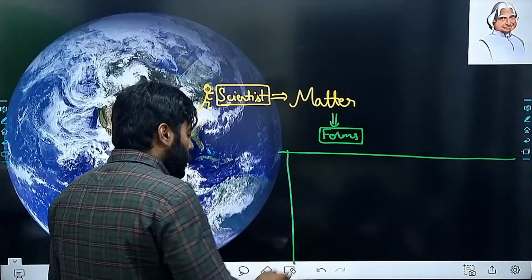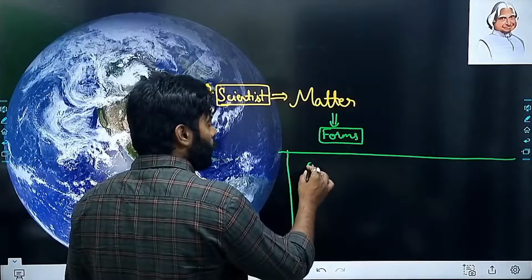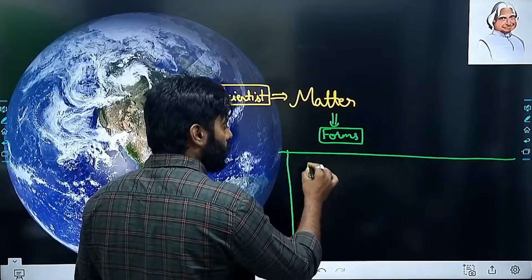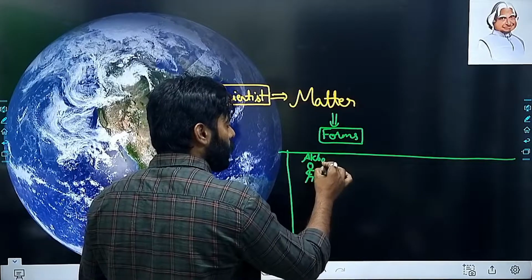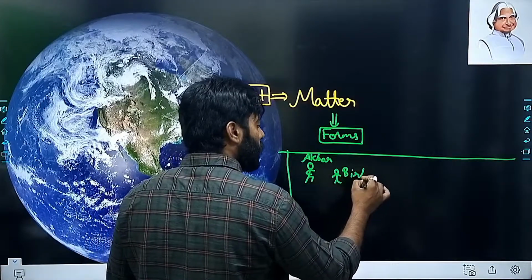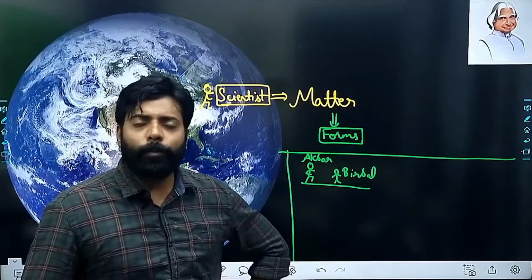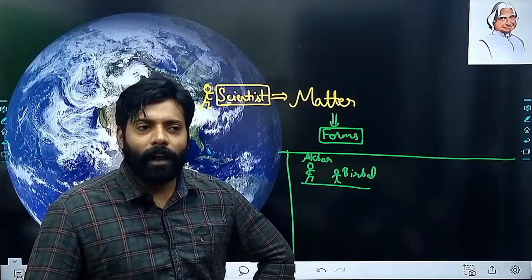There was a time in India when Akbar was ruling. You might have heard the stories of Akbar and Birbal, right? So one fine day, Akbar took Birbal for a walk, and they went somewhere.